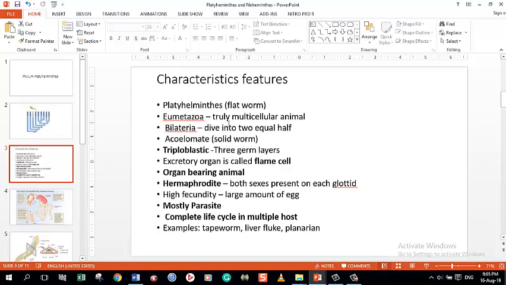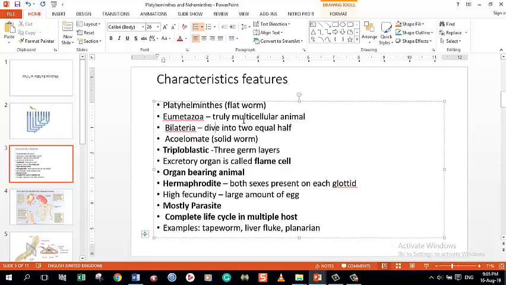They are bilaterally symmetrical because the body can be divided into two distinct, equal, similar halves. Therefore, they are bilaterally symmetrical.